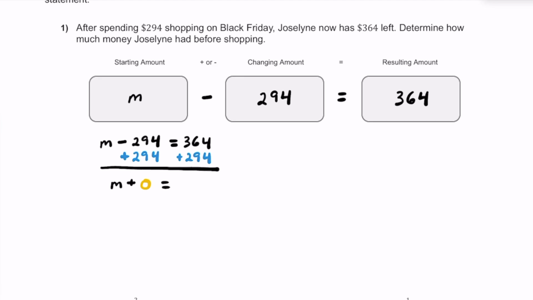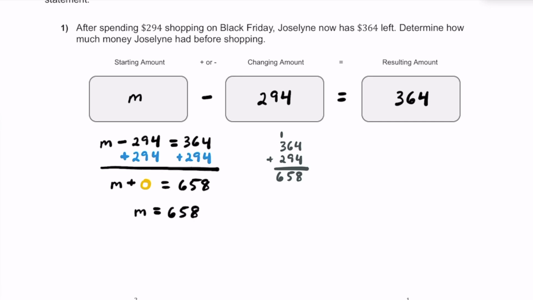If we add 364 and 294, we're going to get an 8, and then a 15, carry the 1, and that's going to be 6. So we're really looking at $658. And we can use the identity property of addition because M plus 0 is really just M. So M would be equal to 658.